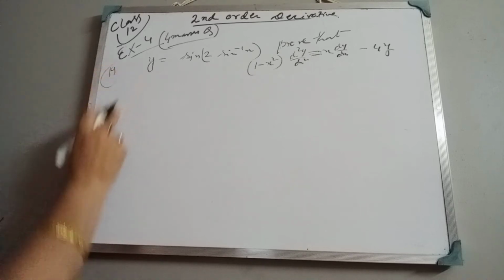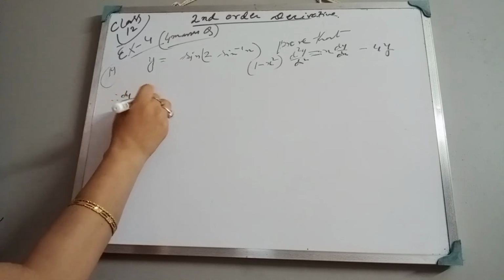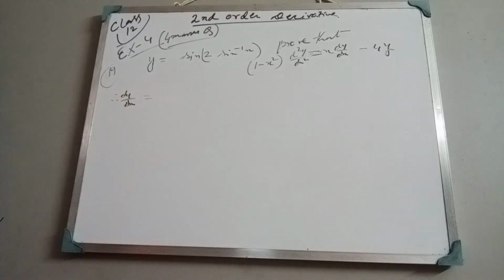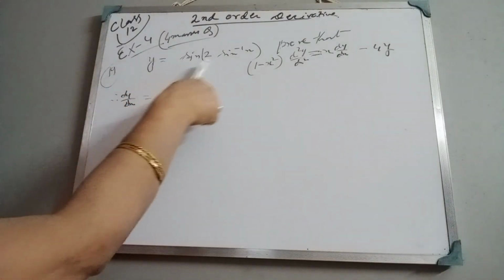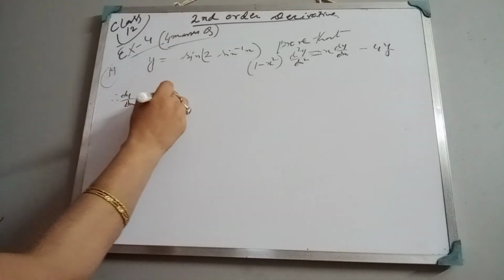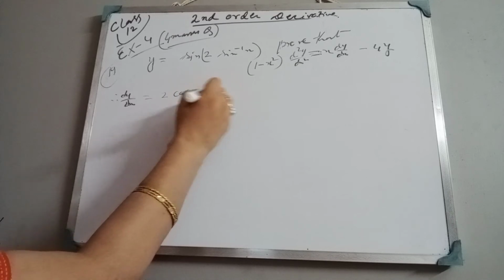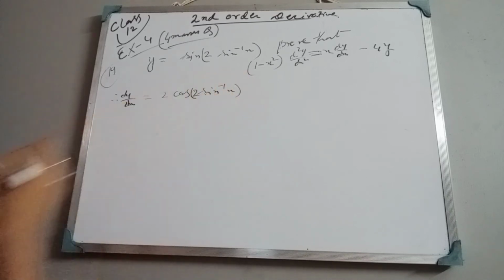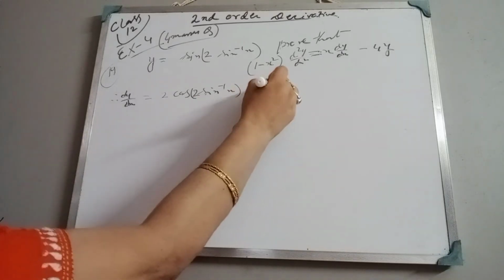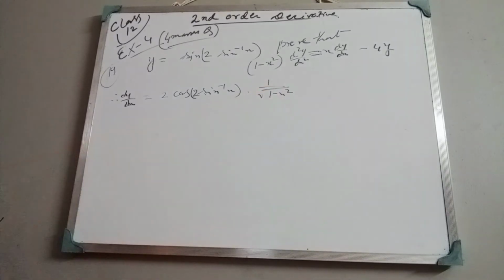So let us write dy/dx at first. Differentiating both sides with respect to x, sine 2 sine inverse x. We know the derivative of sine mx is m cos mx, so we will write 2 cos 2 sine inverse x into the derivative of sine inverse x, which is 1 over square root of 1 minus x square.